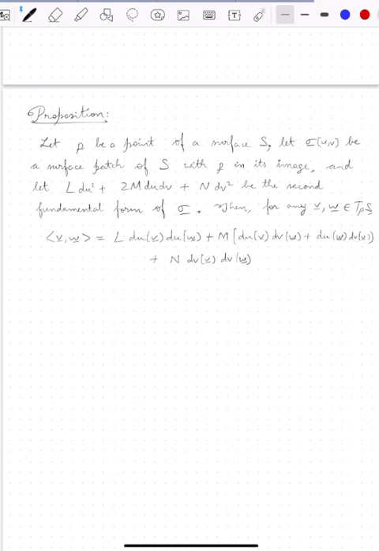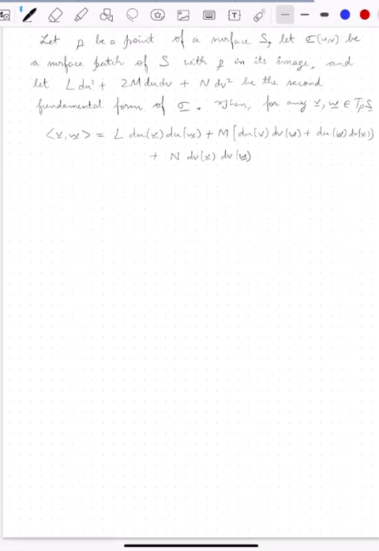So this is some sort of a bilinear form. And let's see why it is true. Okay, so before we start, there is a slight lemma here.